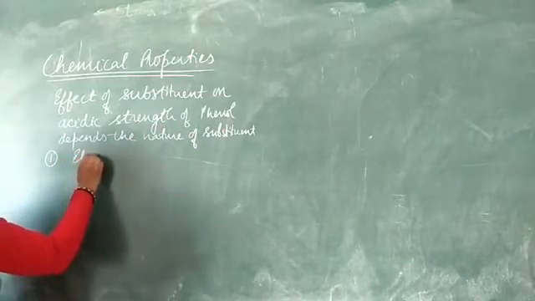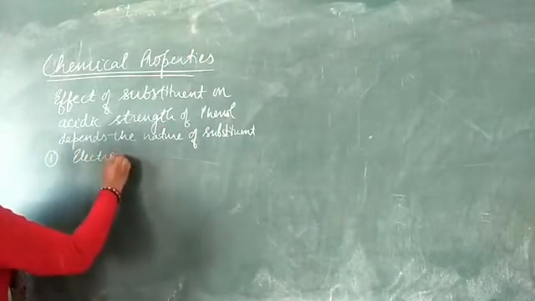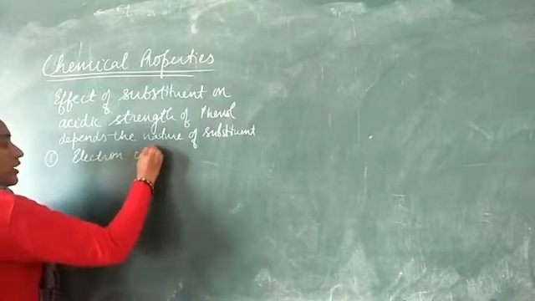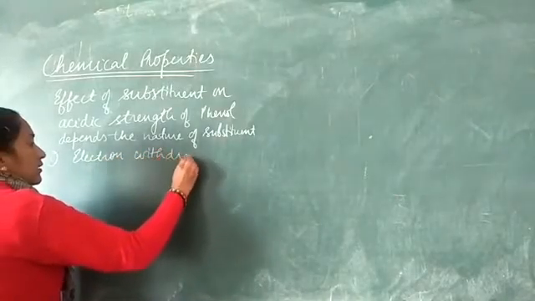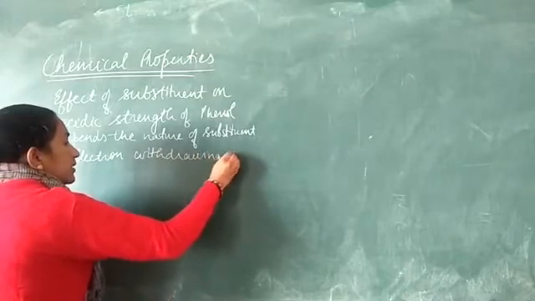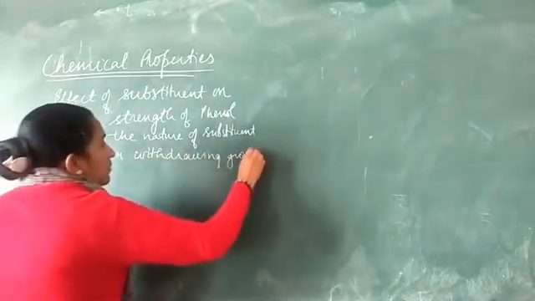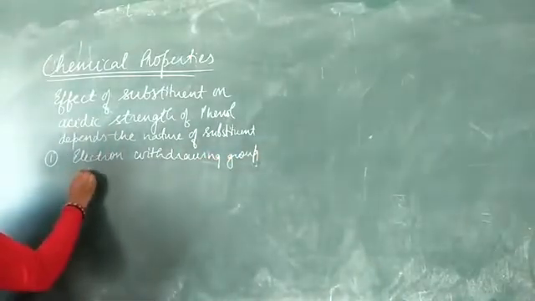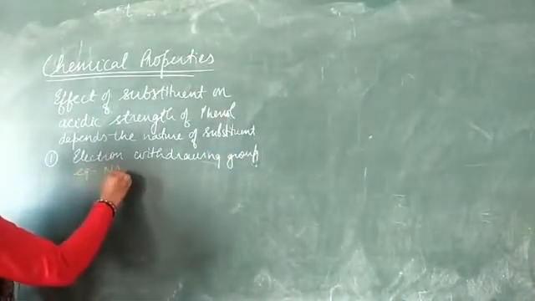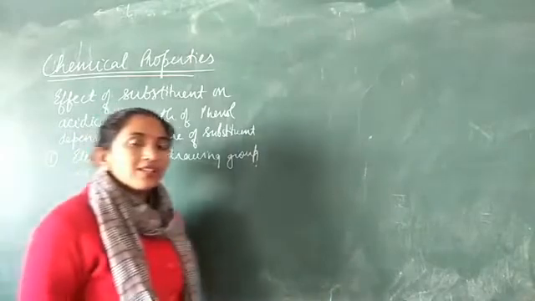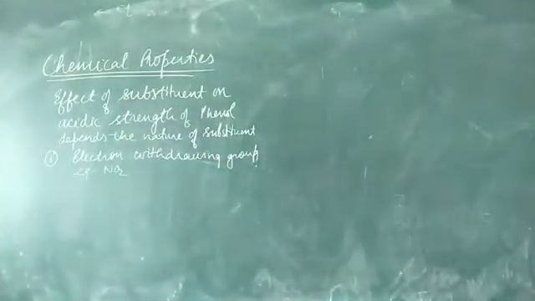So let's first consider that we have an electron withdrawing group. Let me consider here the example of the NO2 group. We have the carboxyl group also as an electron withdrawing group.